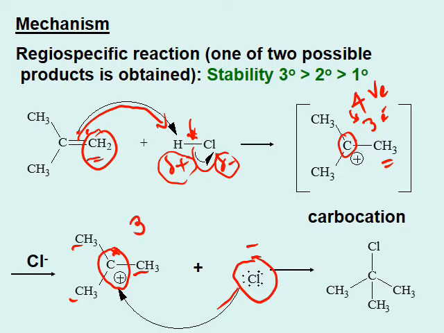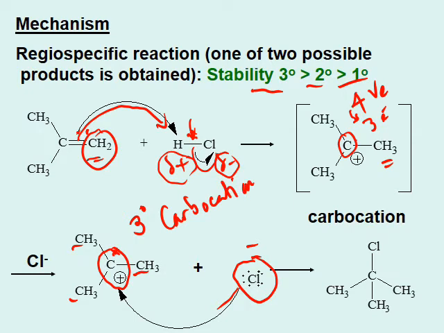So a 3-degree carbocation is more stable than 2-degree, and 2-degree is more stable than 1-degree. So keep this in mind, since a 3-degree carbocation is formed in this case, and that's favored.